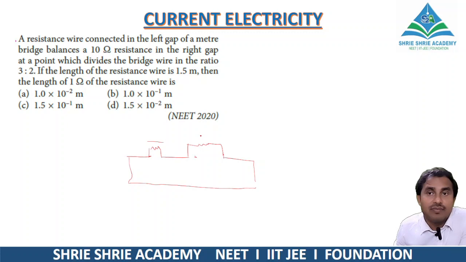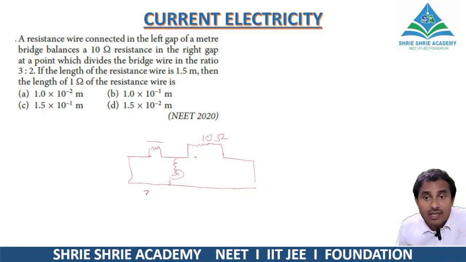In the left gap of a meter bridge, the balance is with a 10 ohm resistance in the right gap. So here the resistance is given as 10 ohm, and here he didn't tell anything about this resistance, just a wire is given, and the ratio of length is given as 3 is to 2.